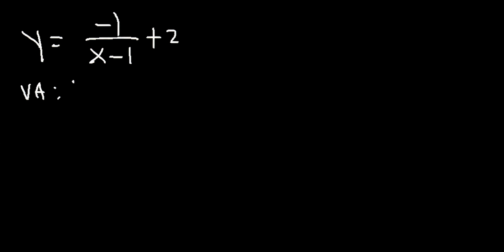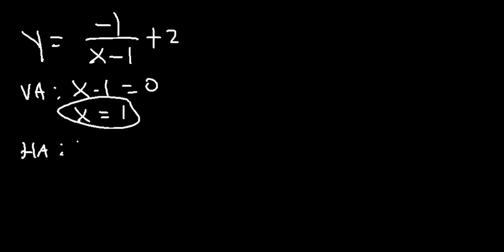Now let's say if we have a negative value. Let's say y is equal to negative 1 over x minus 1 plus 2. So the vertical asymptote, if you set x minus 1 equal to 0, x is equal to 1. The horizontal asymptote is going to be y equals 2, based on this number.